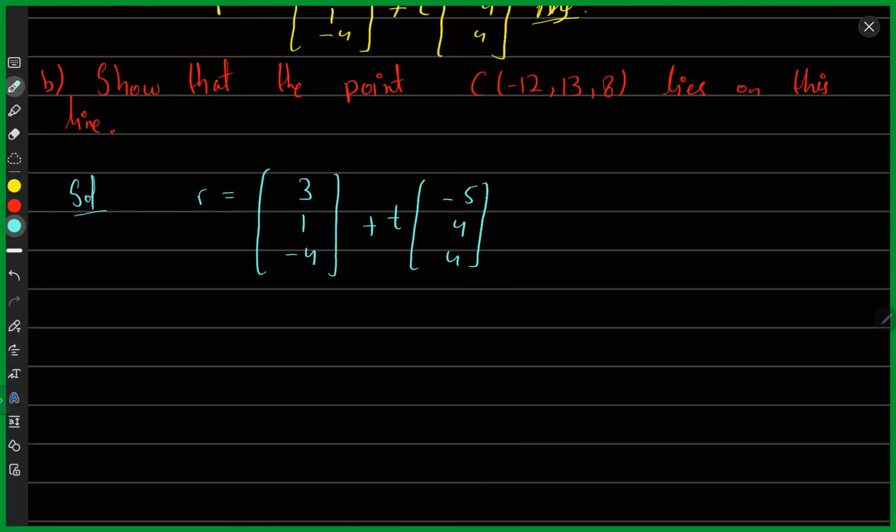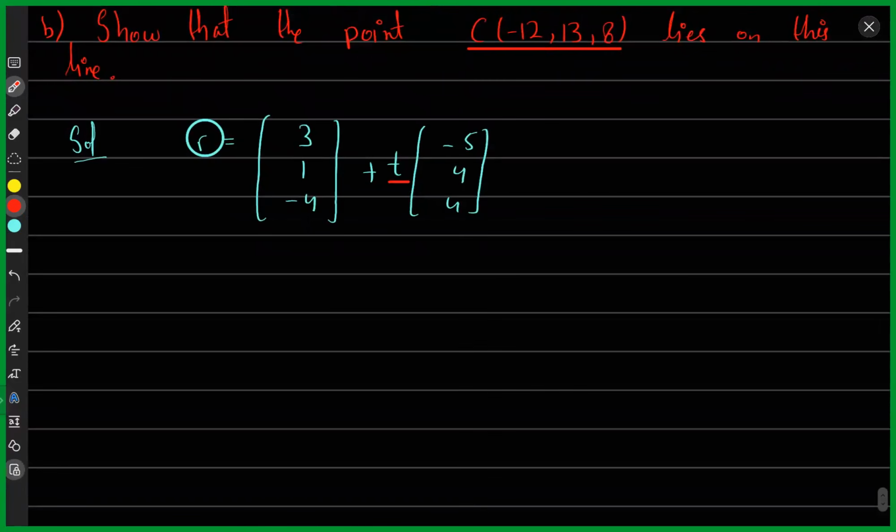This was the equation. Now this r is basically representing all the points on the line. So if we plug in this point instead of r, and if we make three equations out of it for t, for every equation the value of t must be the same. This would get better once I write it down properly.